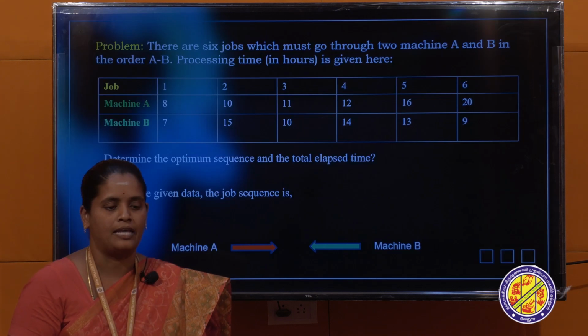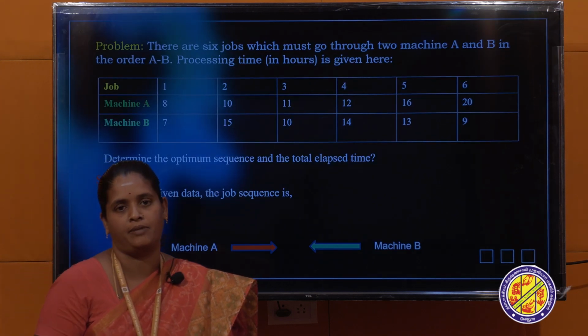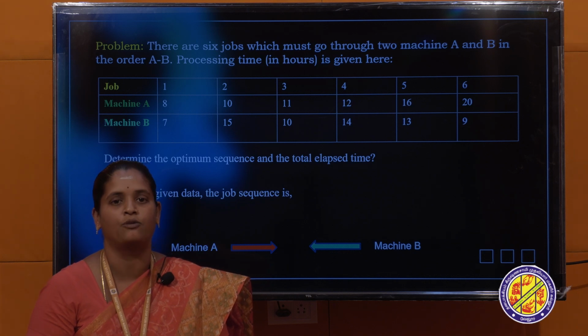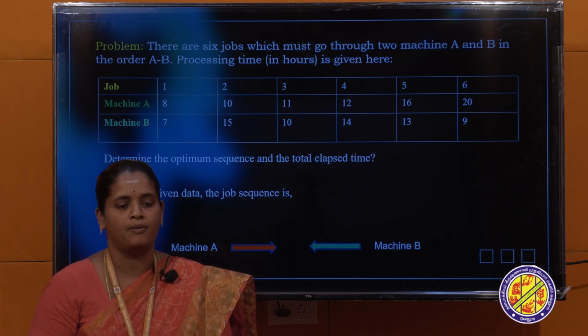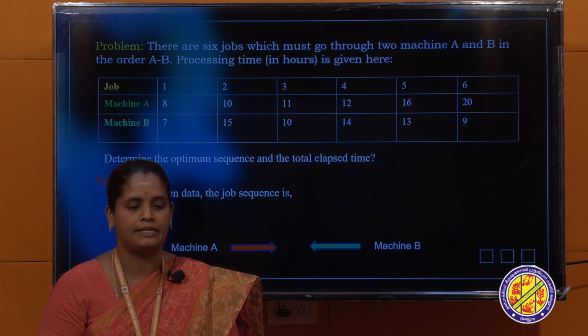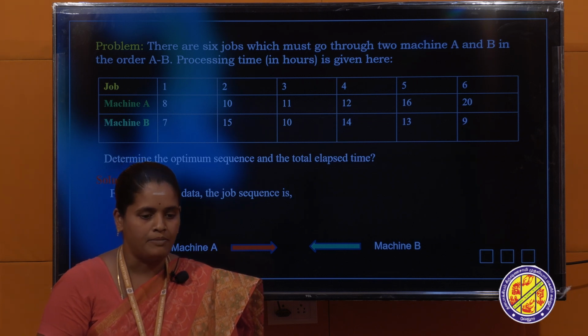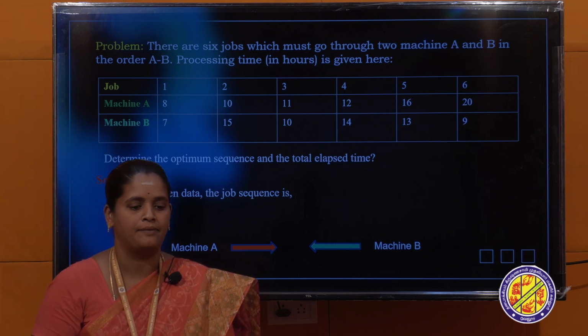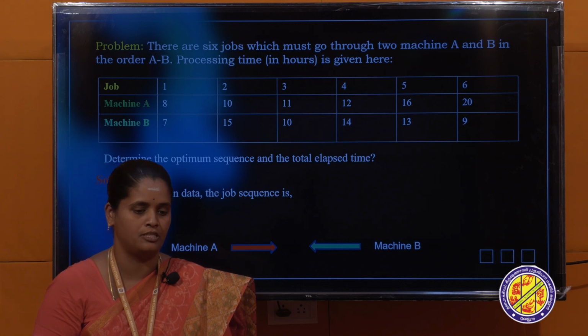Next I am going to explain a problem: how to determine the optimal sequence and how to find the total elapsed time. In this problem there are 6 jobs and 2 missions A and B. To determine the optimum sequence and total elapsed time, we should follow this procedure.